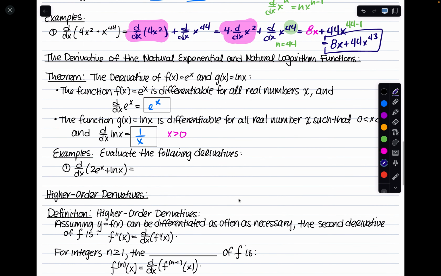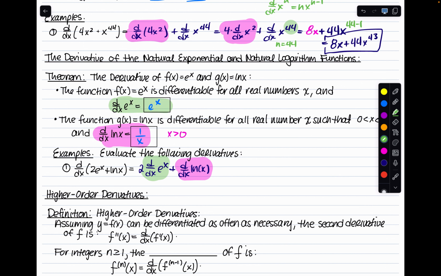So when we are asked to differentiate sums and constant multiples of base e exponentials and natural logarithm functions, we may, at first, desire to write this out step by step, where we pull constants out and we quote-unquote distribute the operation of differentiation over the sum we see here.